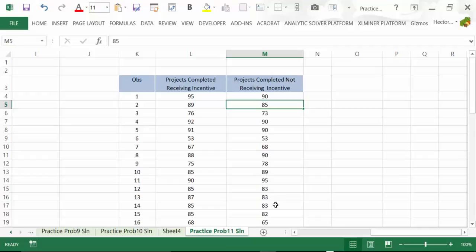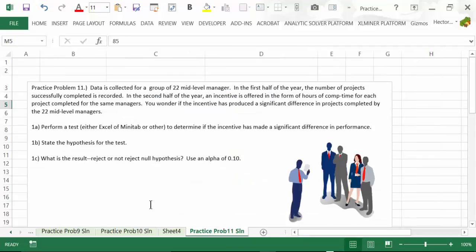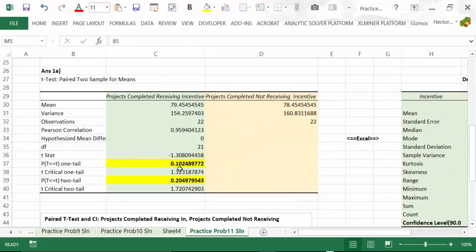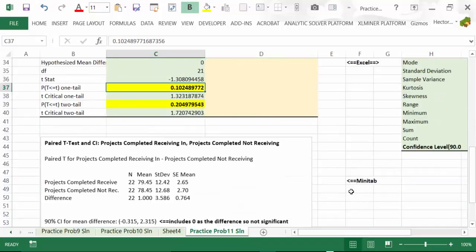Our alpha is 0.10. So it looks like we're close. We get 0.10 and a fraction. So this p is actually a little bit larger than our alpha, so we cannot reject the null hypothesis as a result of that.